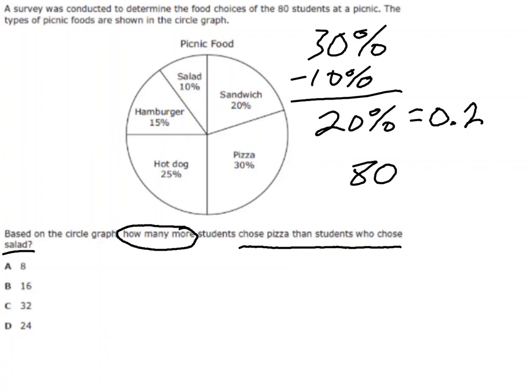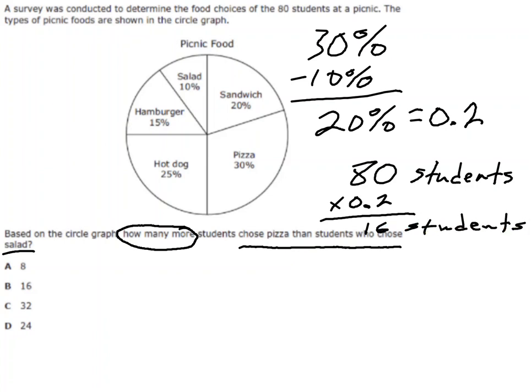How many additional students preferred pizza rather than salad? So we have 80 students times 0.2. And this means that 16 students preferred pizza more than the number who preferred salad.